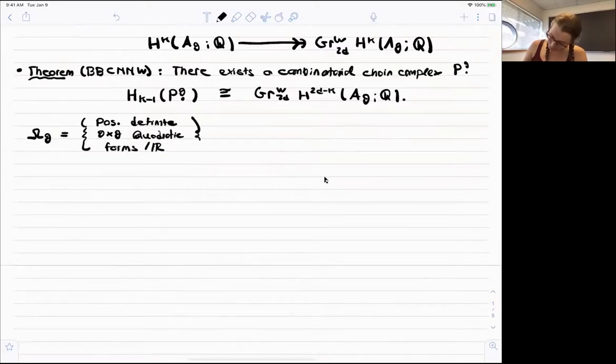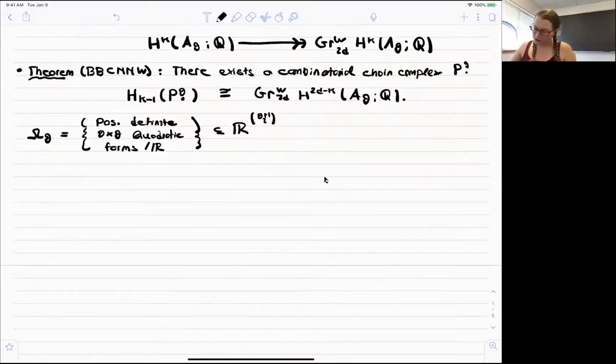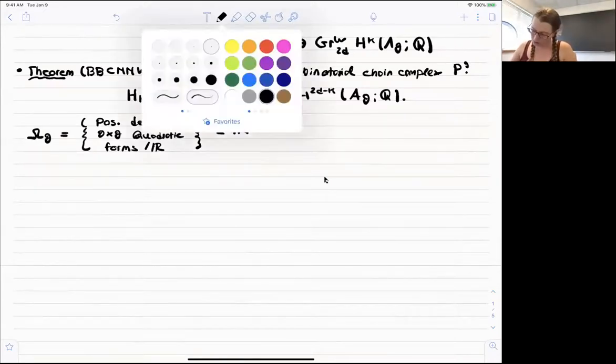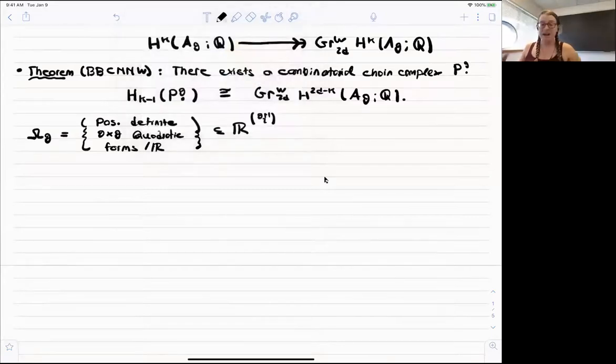I'm going to think about these as G by G symmetric matrices that are also positive definite. So it lives in some big vector space R to the G plus 1 choose 2. It turns out that this forms some sort of cone. It's a non-polyhedral cone, but it is convex and it's not closed. It's very much open.